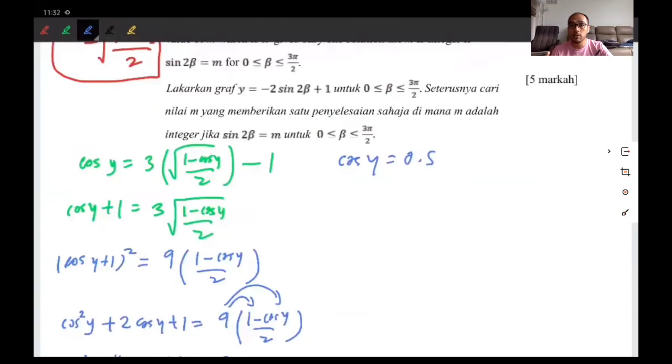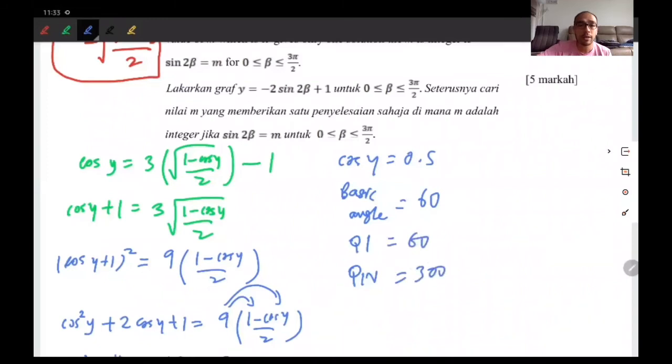Basic angle first: shift cos 0.5, I get 60. So quadrant 1 and quadrant 4, I get 60 and 300.